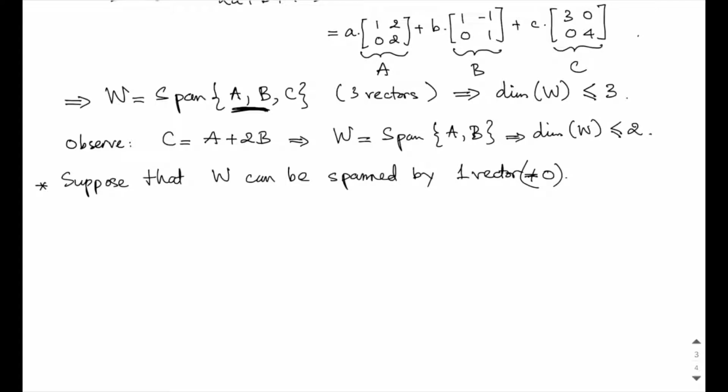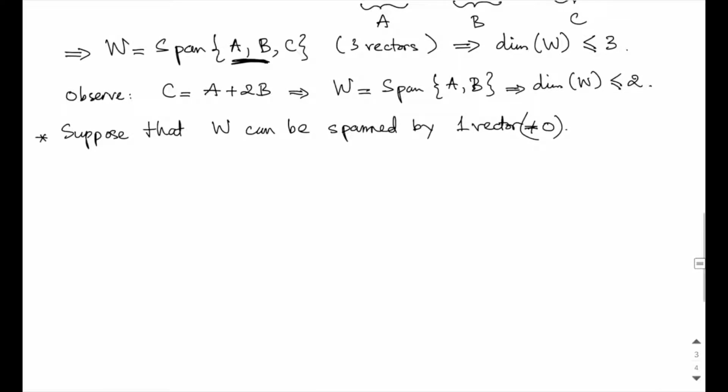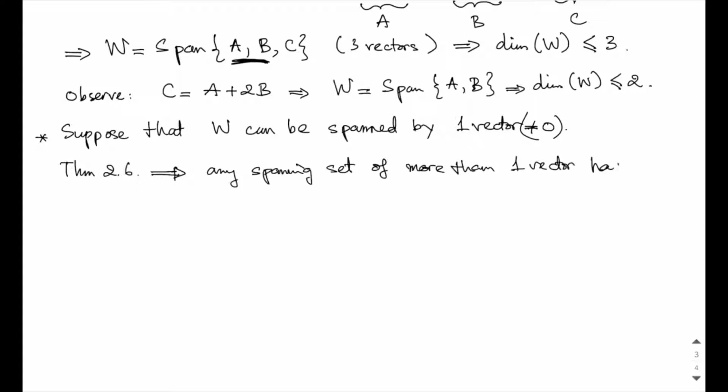So if W can be spanned by one vector, then theorem 2.6 implies that any spanning set of more than one vector has to be linearly dependent.